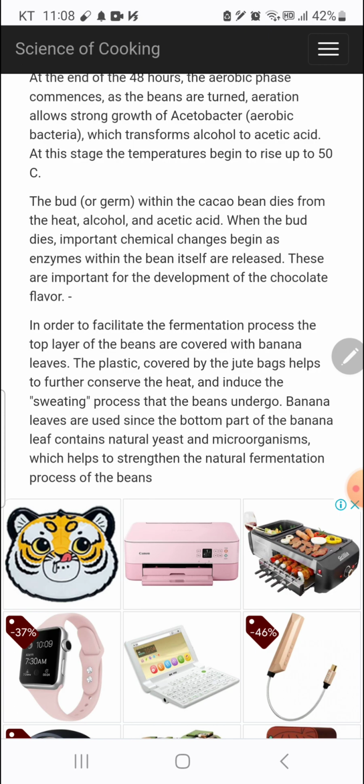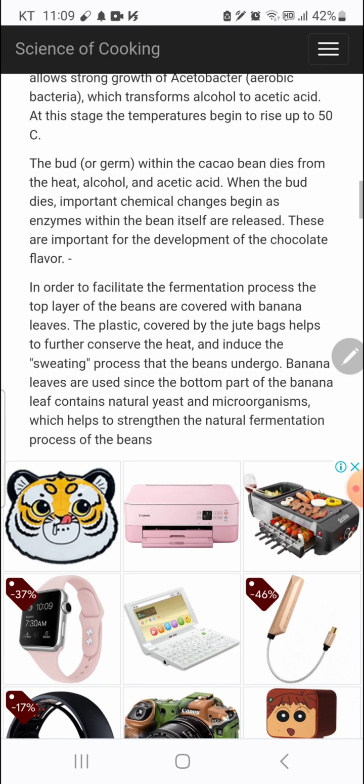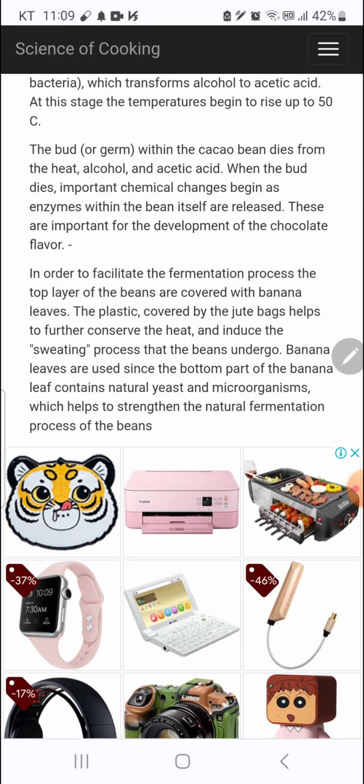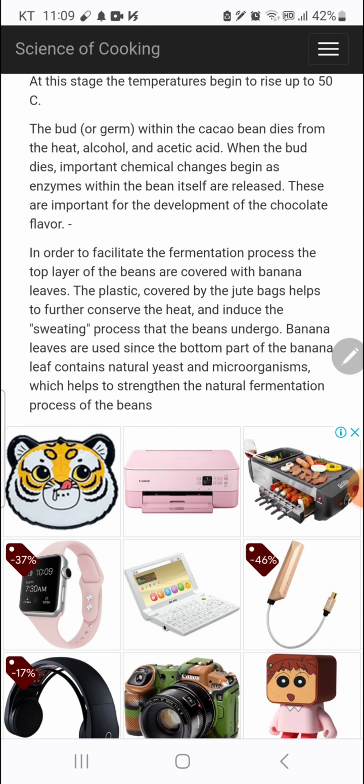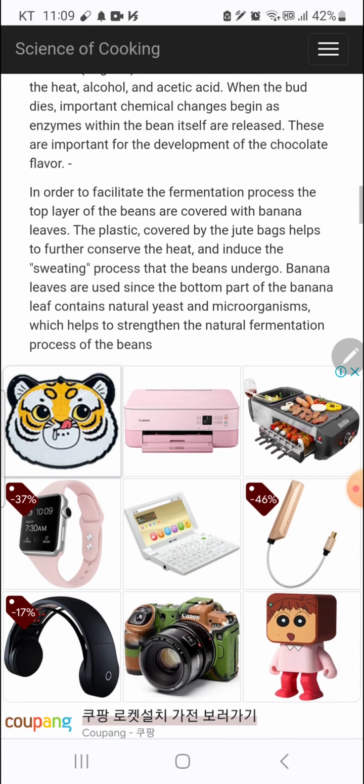The bud or germ within the cacao bean dies from the heat, alcohol, and acetic acid. When the bud dies, important chemical changes begin as enzymes within the bean itself are released. These are important for the development of the chocolate flavor.